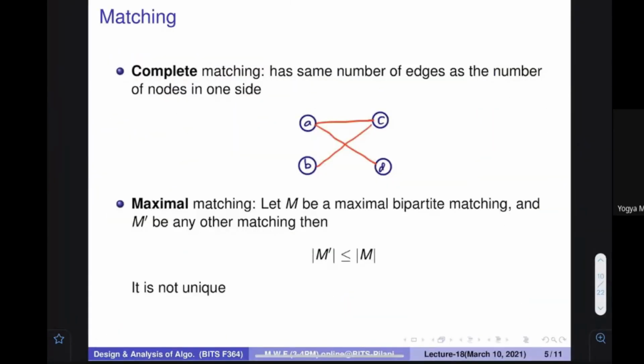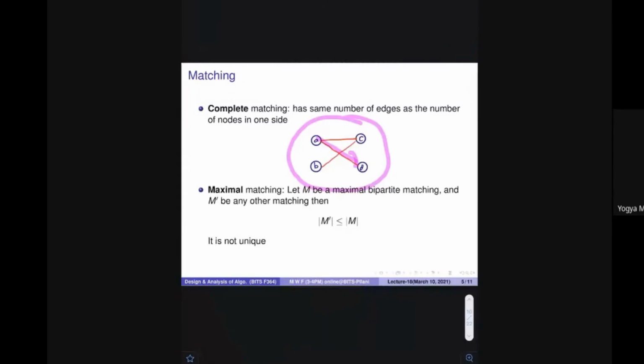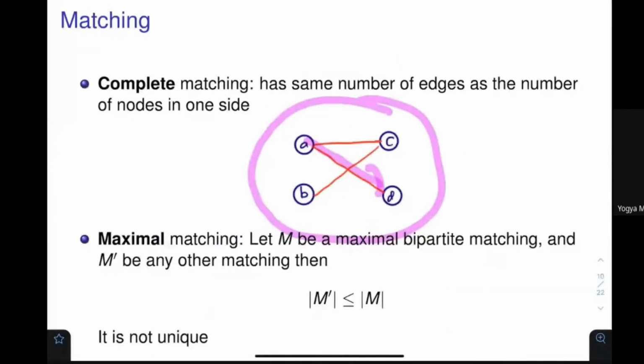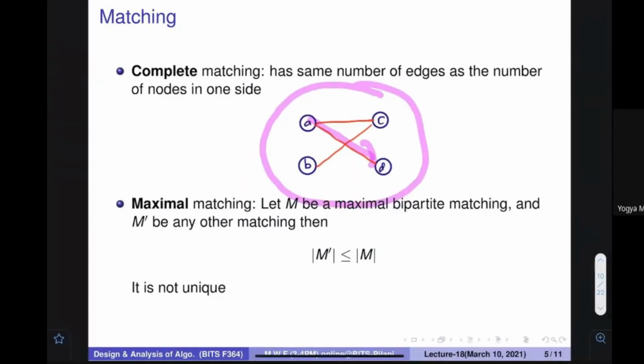For example, in this particular graph, you cannot make a complete matching, because whatever connection you pick, after that you cannot add anything. So it is not possible to have two things. Make sense? So if the problem is such that you can find it, then only you can find the complete matching. Otherwise, you cannot.